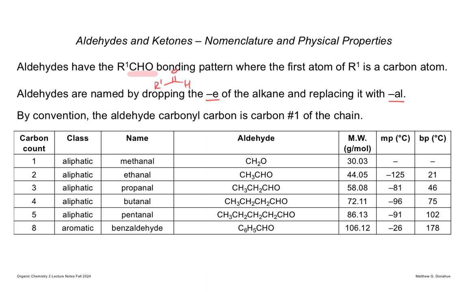Looking at the chart here, going up in carbon count, methane becomes methanal. A lot of these are still referred to by common names, so that's formaldehyde. Ethanal is called acetaldehyde.